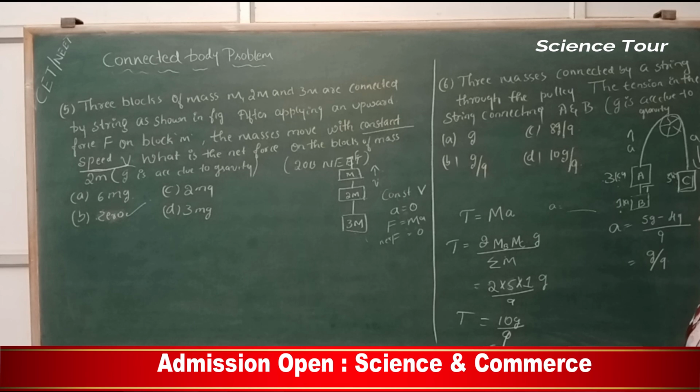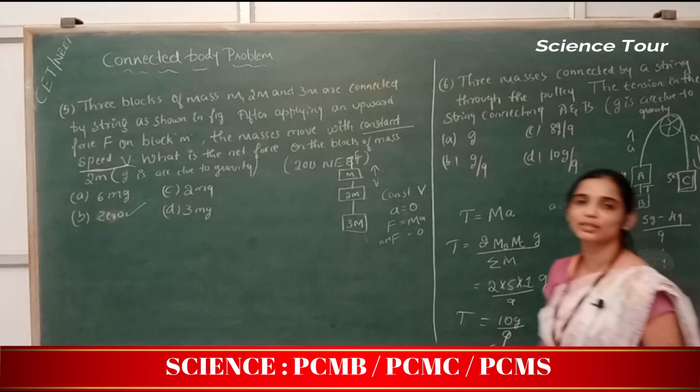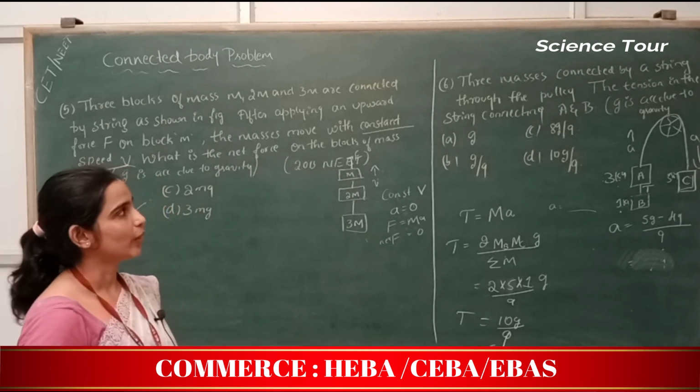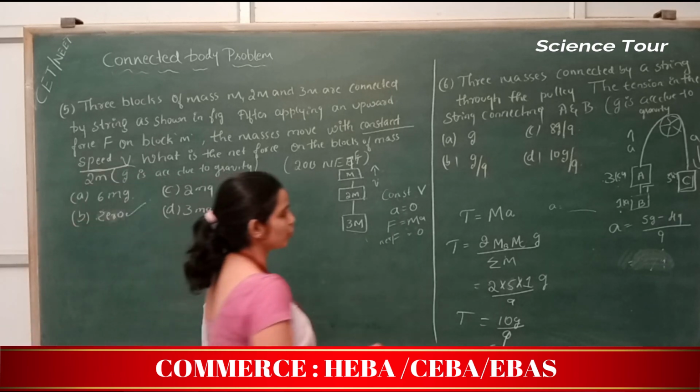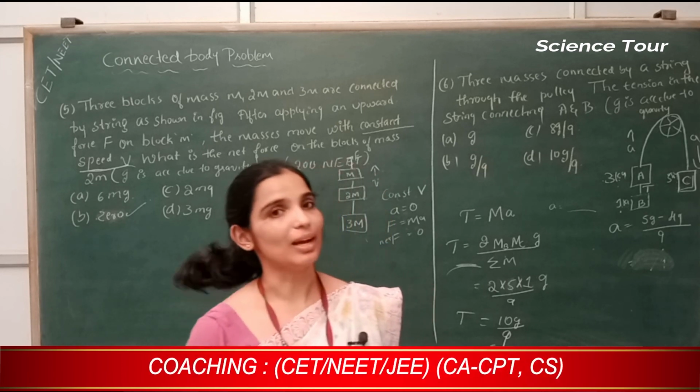The mass you should consider is 5 into 2, 2 times the mass. 2 m g, masses 2 into 5. So 10g divided by 9 is the answer. So this is also a simple method. If you know the formula, you should be able to write the formula directly.